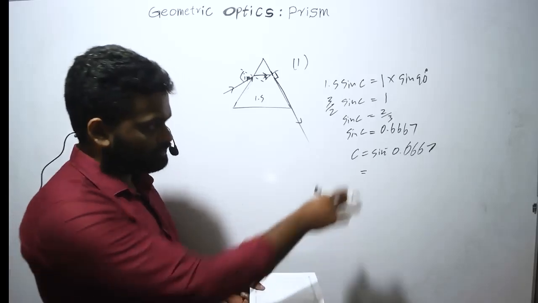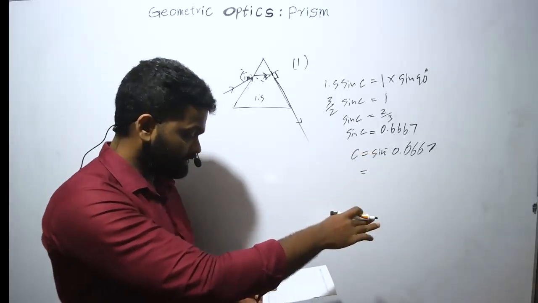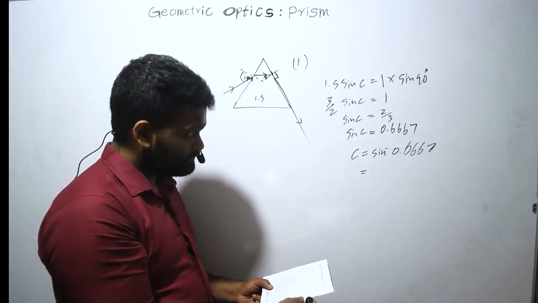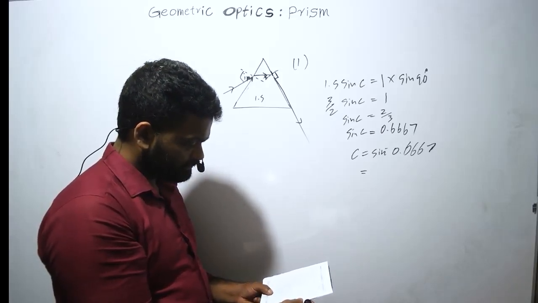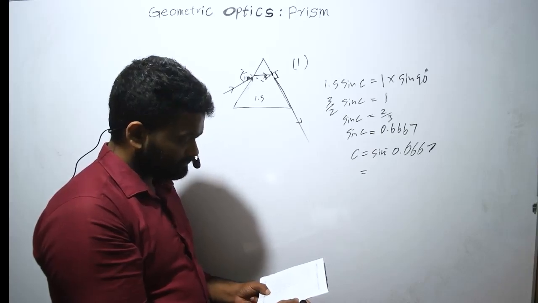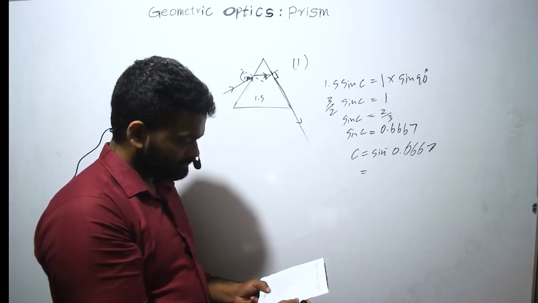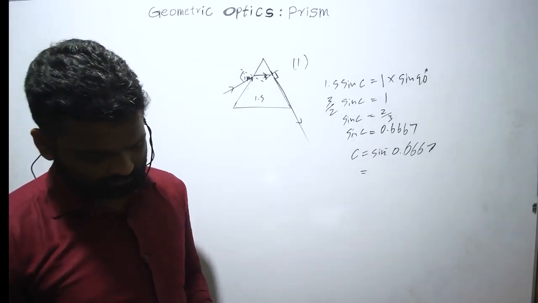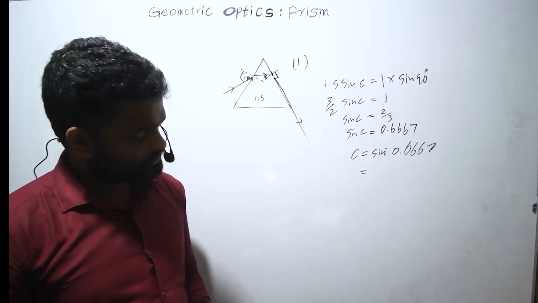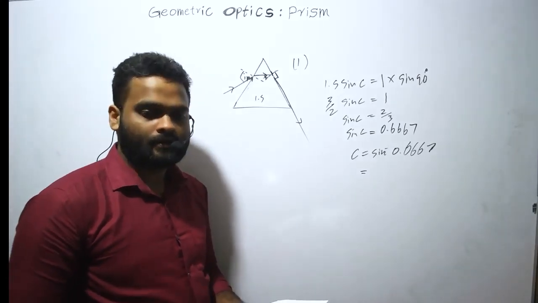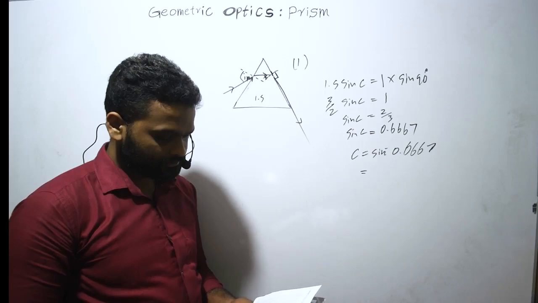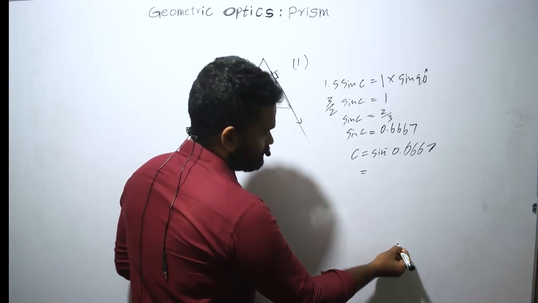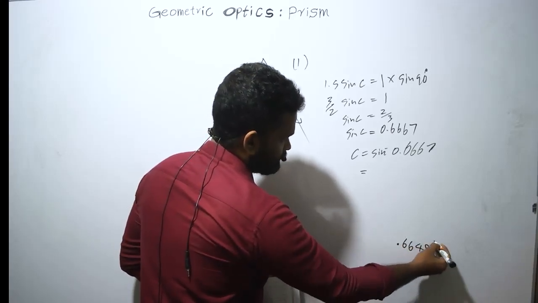So find this value or a close value less than this, 6667. Do we have 6667? We have 6648 in the table.